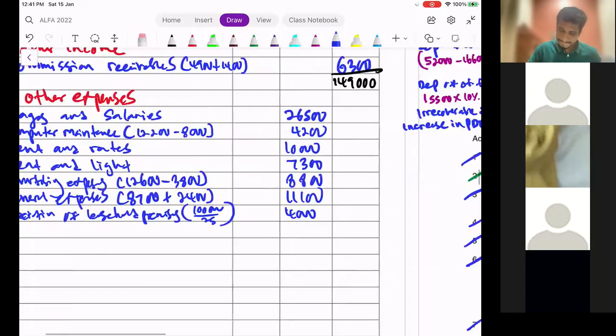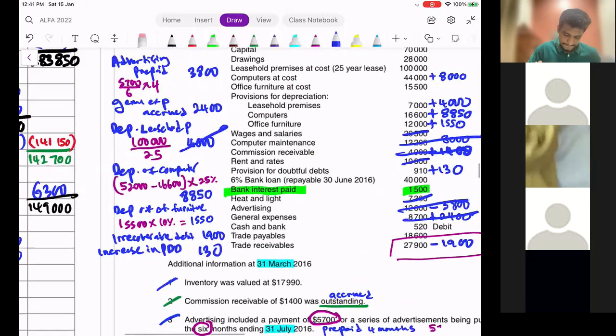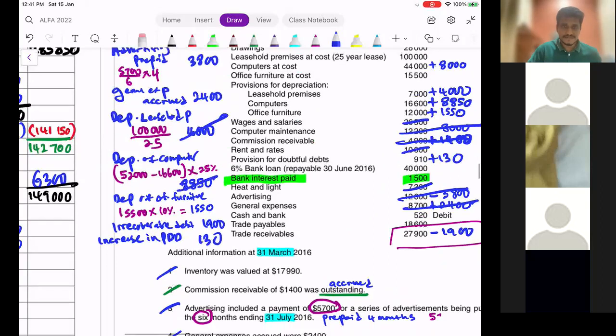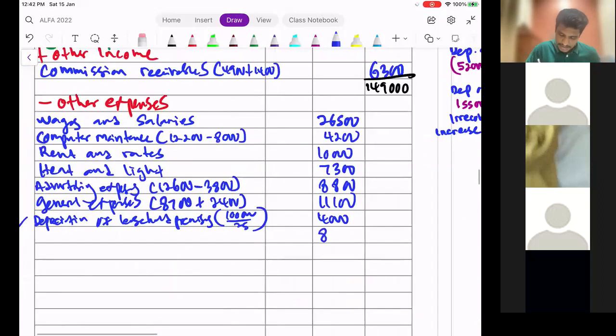Next one, 8,850. That one is depreciation of computer. Must show the working.